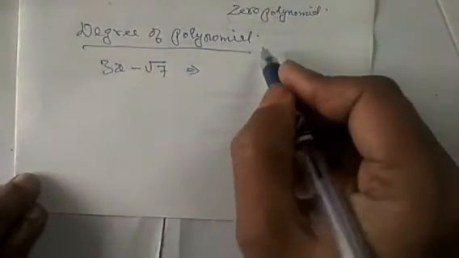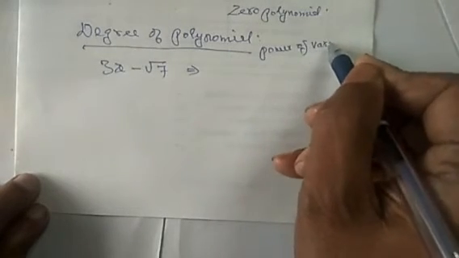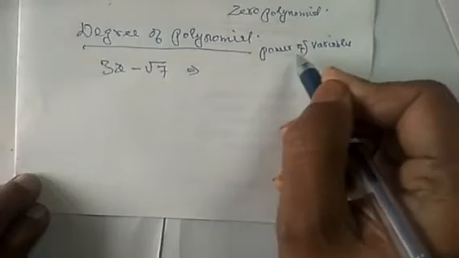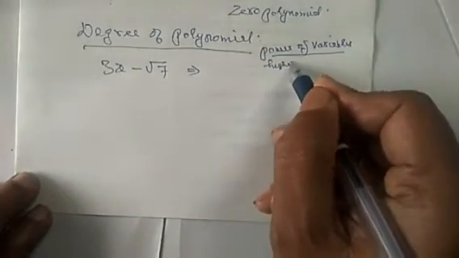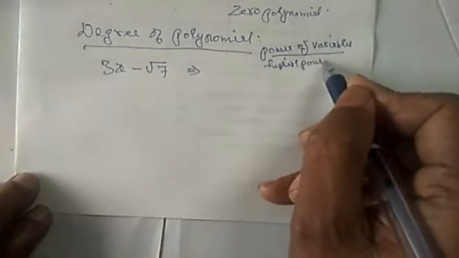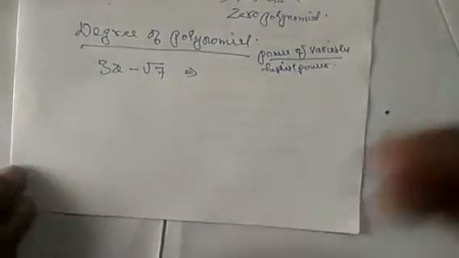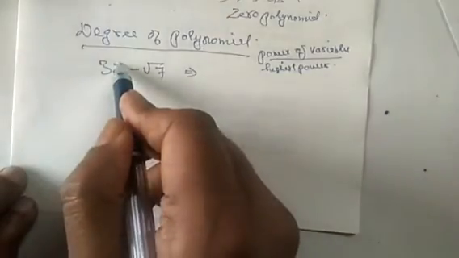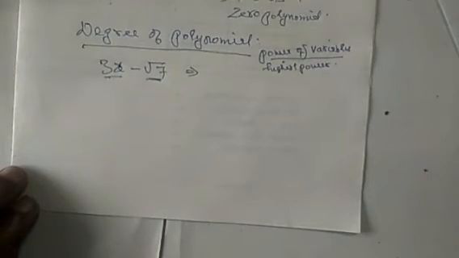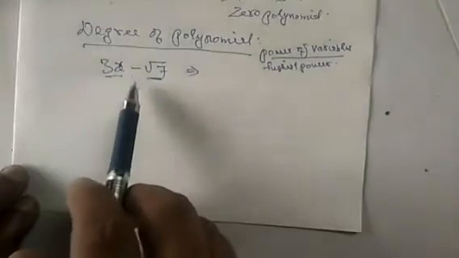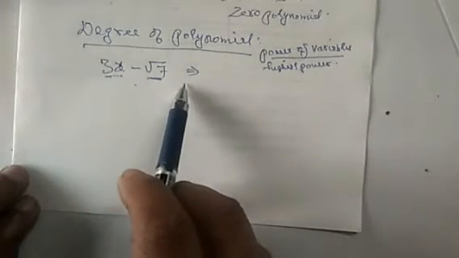The degree of polynomial is equal to the highest power of the variable. Here there are two terms, and we find one term is having variable x, one is simply a constant.